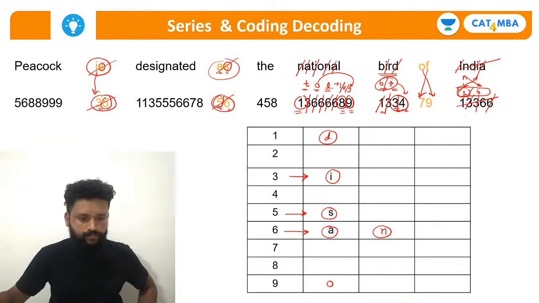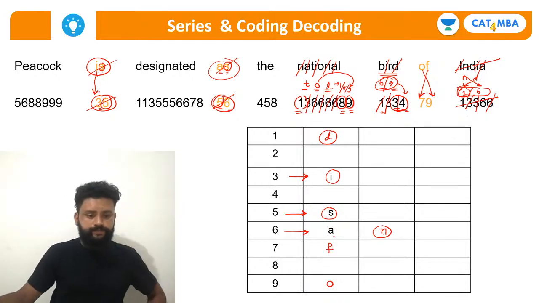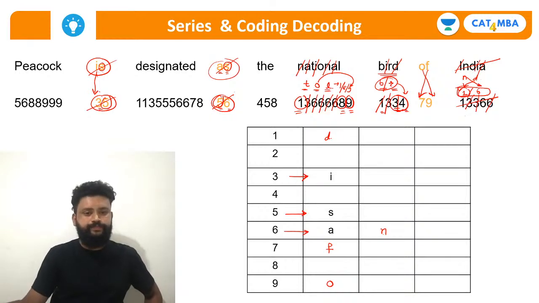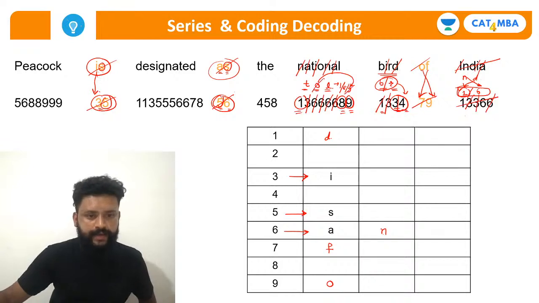Then O and F are gone, and O is gone for 9.